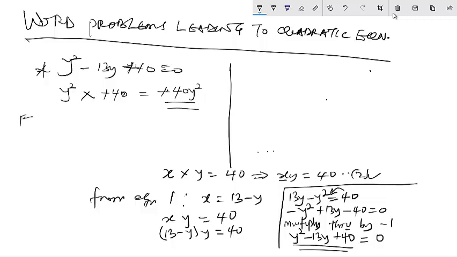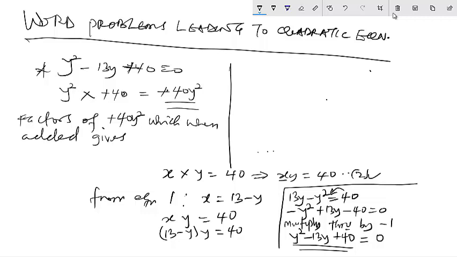Then you look for the factors of plus 40y squared which, when added, give your second term. Our second term in this case is minus 13y. So let's look for those factors.